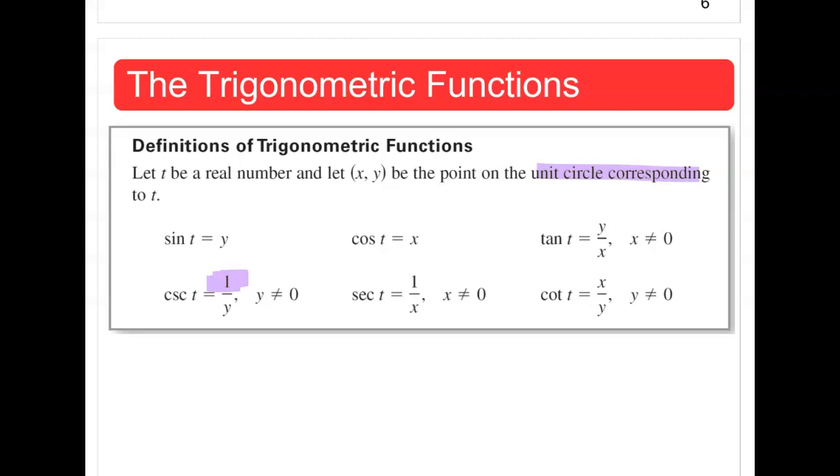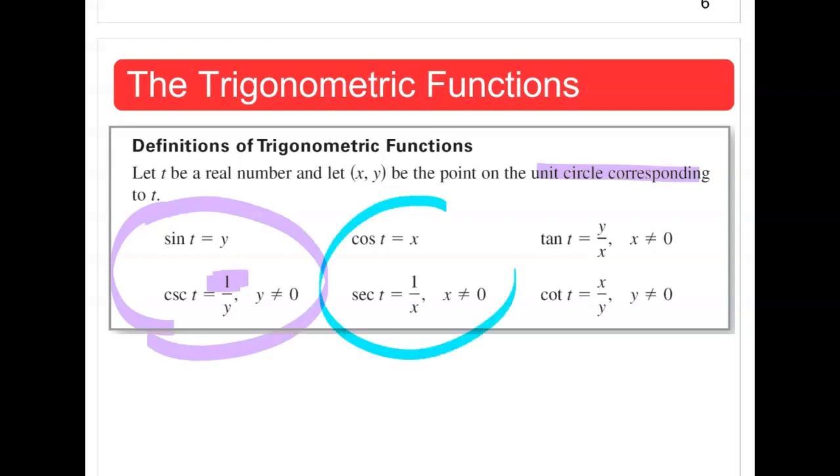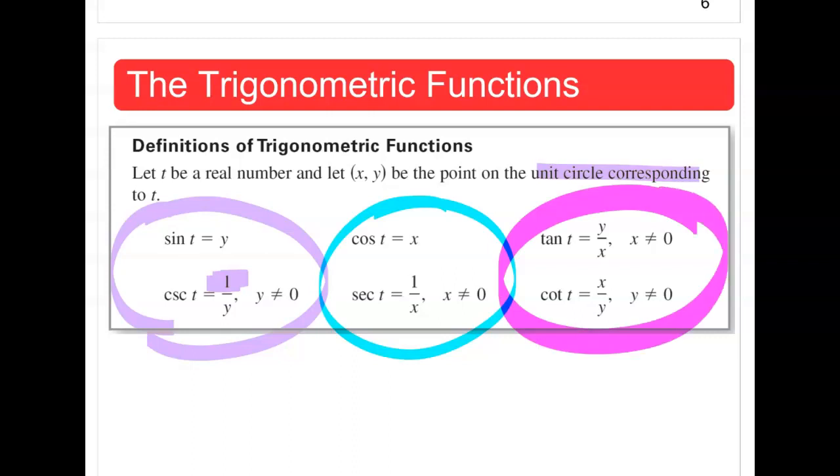Cosine will be x, and I should be saying sine of t, which is the angle, the variable we're using for the angle, and cosine of t is x, tangent is y over x, cosecant is the reciprocal of sine, and then we have here secant and cosine are reciprocals, and so are tangent and cotangent. When we say reciprocal, we don't mean the inverse or the opposite. We mean reciprocals such as the numerator and denominator switch places. You can think of it that way.